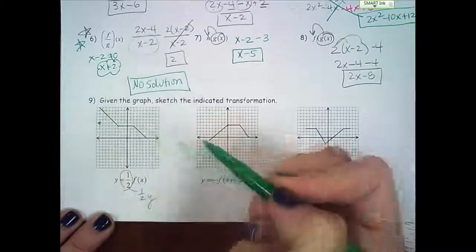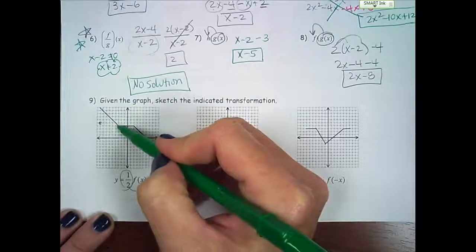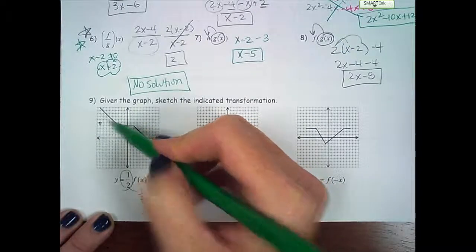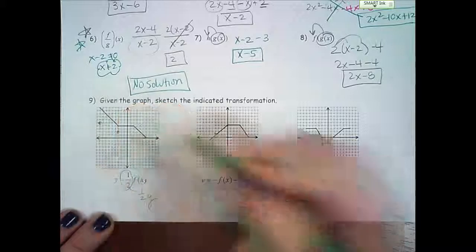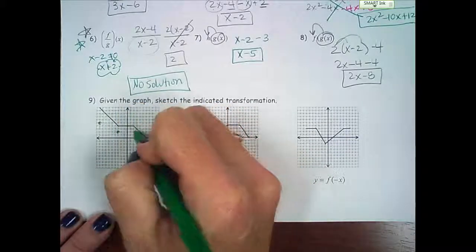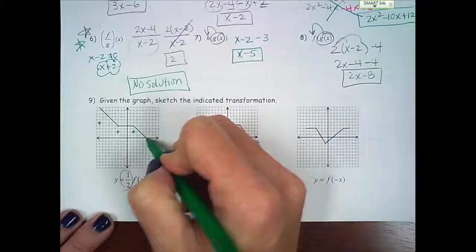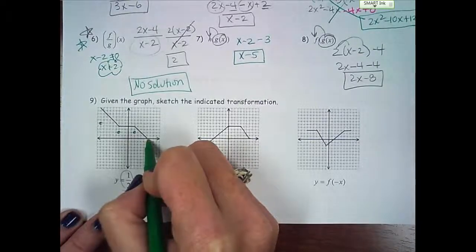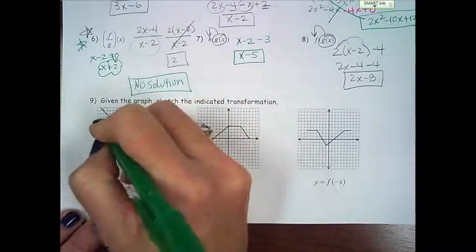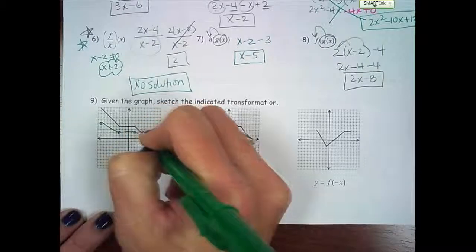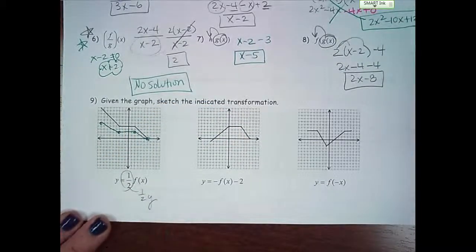Half my y's. This point, I was at 4, so half of 4 would be 2. Again, this was 4, half of 4 is 2. And my y value on this last point is 0, and half of 0 is just back to 0. So when you connect your points, you'll notice it's half as wide, right?